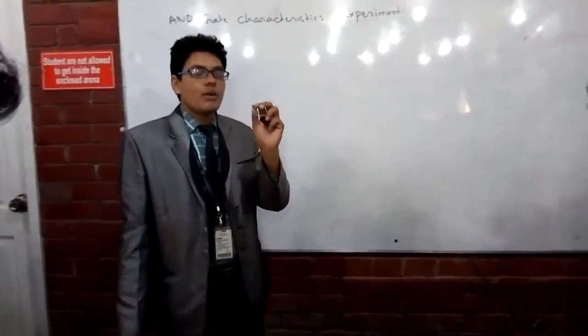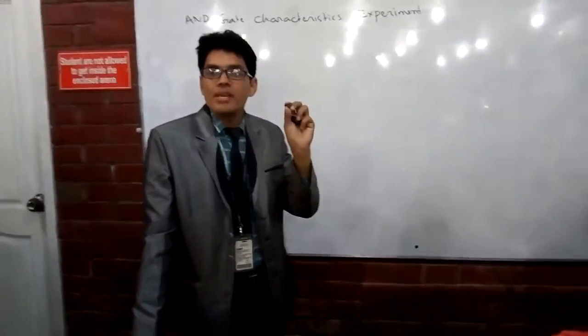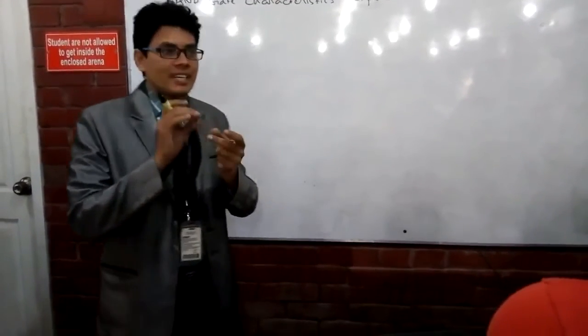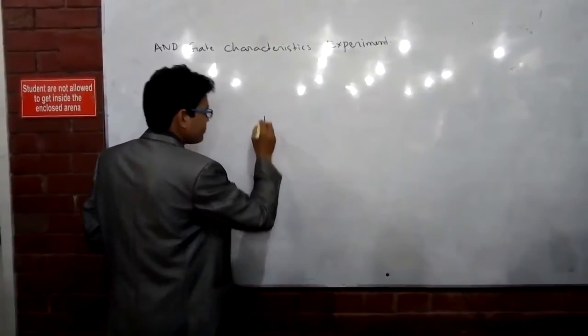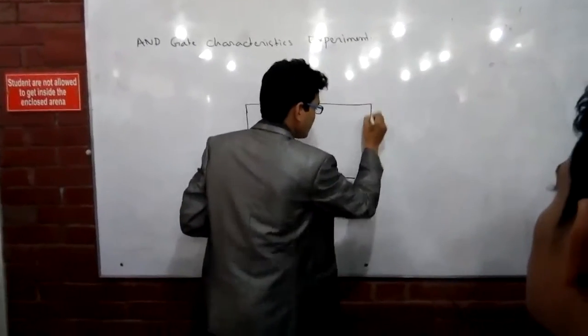This is called an IC. It is also made of semiconductor. And what is inside the IC? For the AND gate, this IC looks exactly like this.